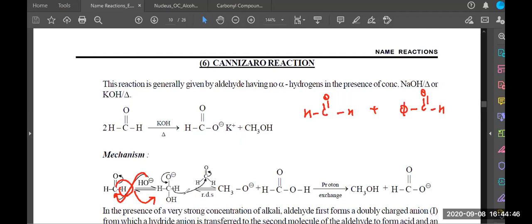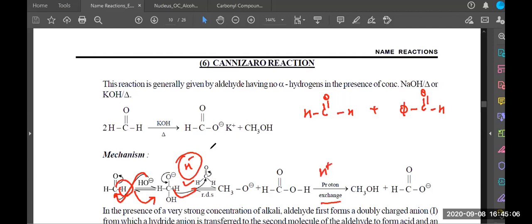So that is why the removal of H minus, remember this H minus hydride transfer, is your rate determining step. Hydride transfer and proton exchange are not the same thing. Proton exchange means H plus transfer, hydride transfer means H minus.